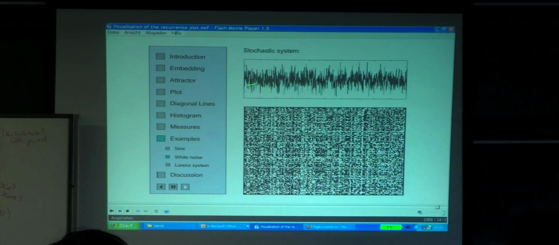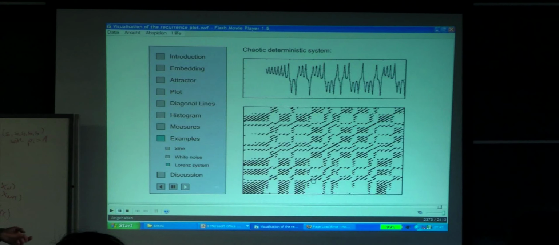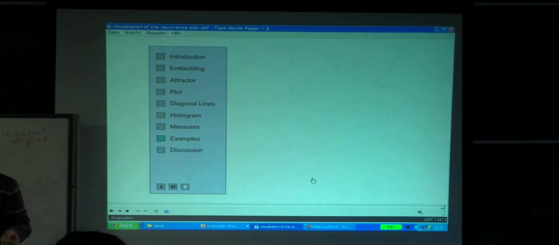When you have a completely stochastic system, you have a very diffuse picture. You basically see no structure in this recurrence plot. If you have such a plot, you would immediately see it must be a stochastic system. In this case, you have a chaotic deterministic system, and you see that there are some structures which are quite interrupted, but there are some diagonals, and this indicates that there is deterministic dynamics in the system.